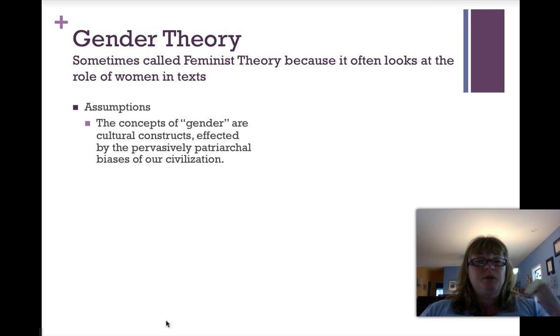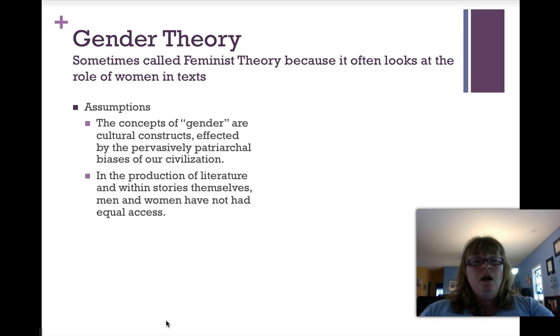And because Western society is pervasively patriarchal, meaning run by men, we need to look at how that has affected literature. All right, in the production of literature and in the stories themselves, men and women have not had equal access. So first of all, women have not always had equal access to the opportunity to write and express themselves.